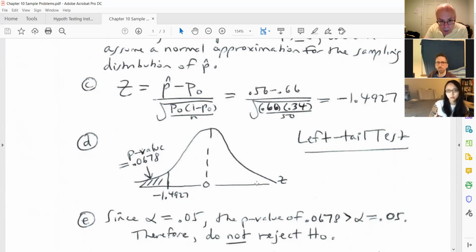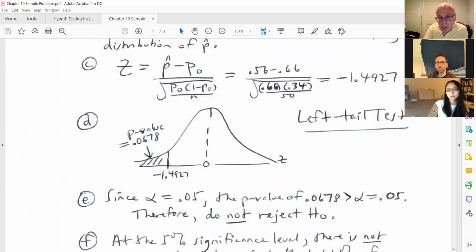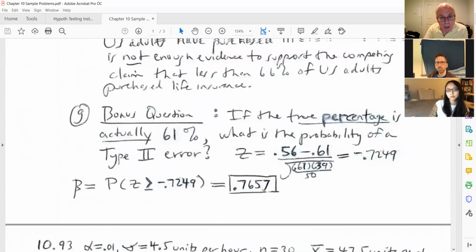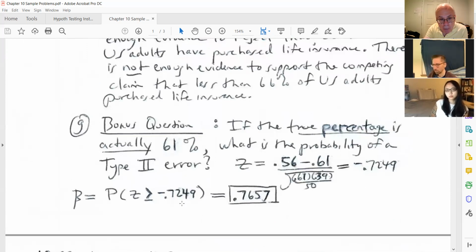Not rejecting, knowing this to be true. So obviously the probability of not rejecting has to be to the right in this case because it's a left tail test, right? Would you agree with that? Yes. So therefore, you should take your test statistic and find the probability that Z is greater than or equal to that. And that is going to be your beta.